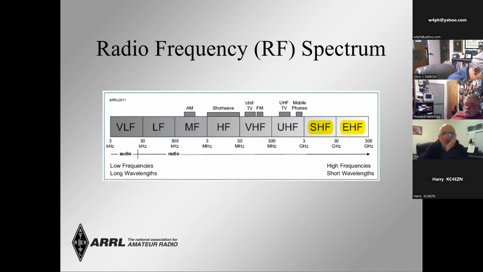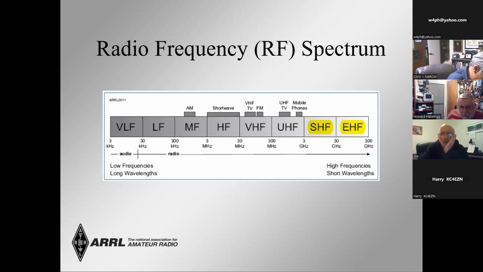And then we have the UHF. And this really becomes a line of sight phenomena in these frequencies. And your antenna elements get very much smaller in the 300 megahertz to 3 gigahertz, which is 3,000 megahertz range.